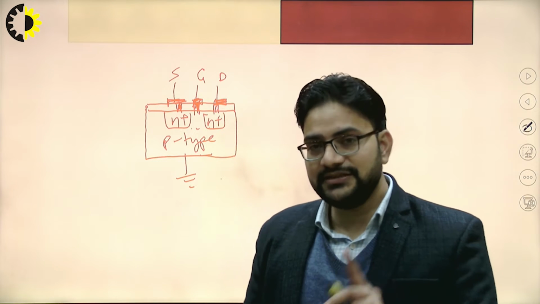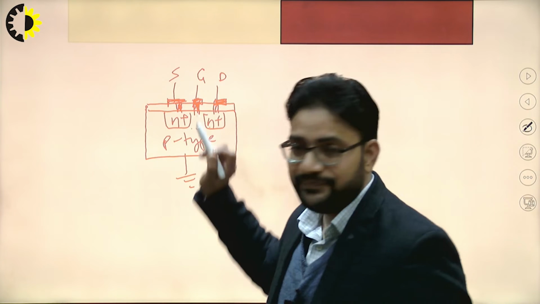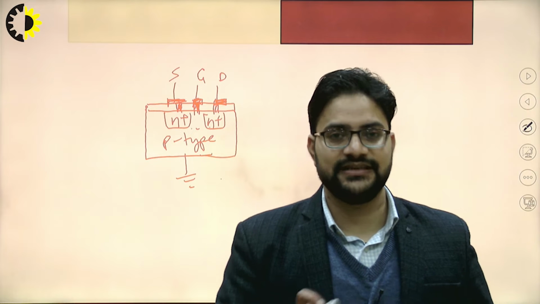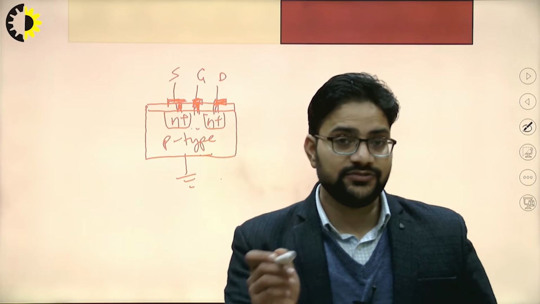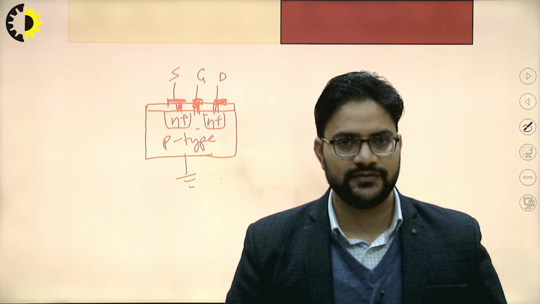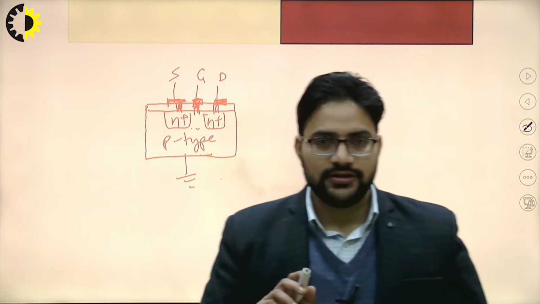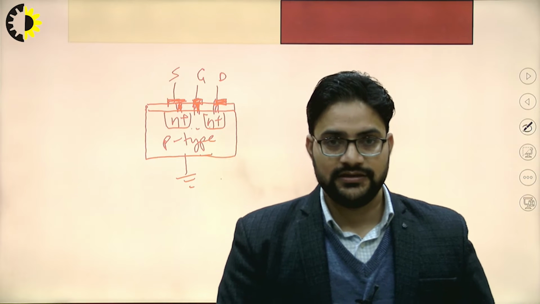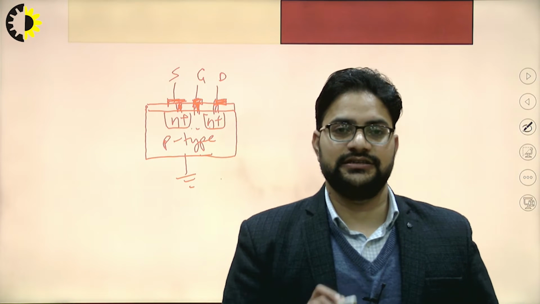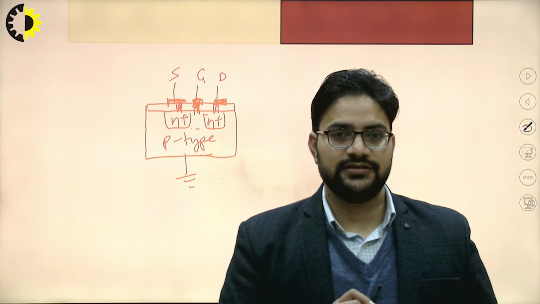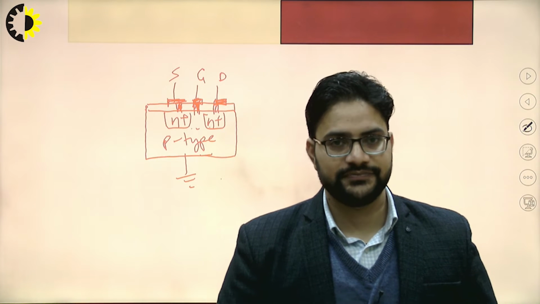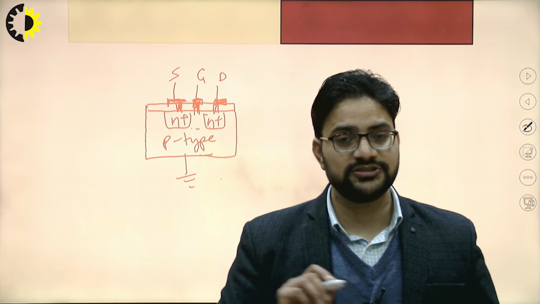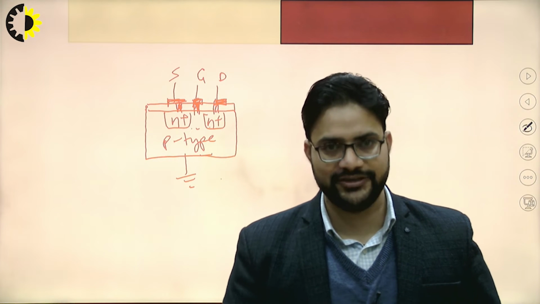It means that we can apply the gate to source voltage positive as well as negative in case of depletion type MOSFET. And enhancement type MOSFET can work only in the enhancement mode. It means that we can apply only the positive VGS value.